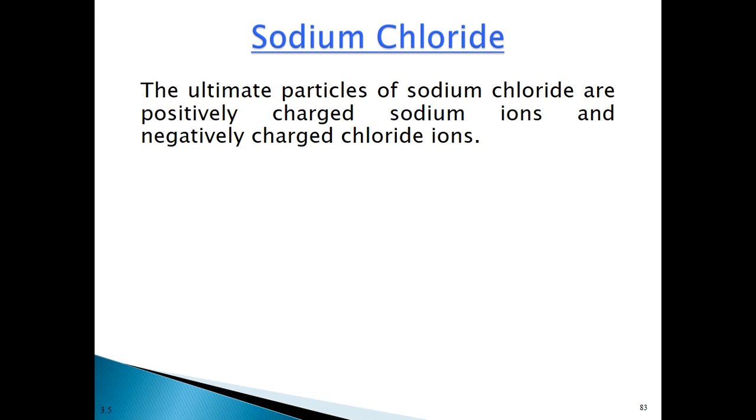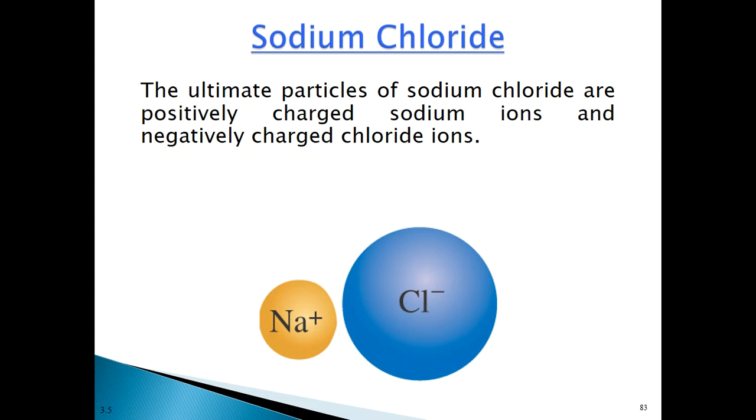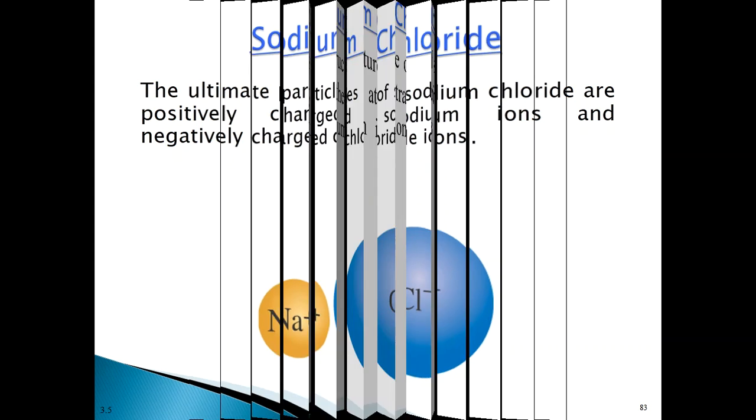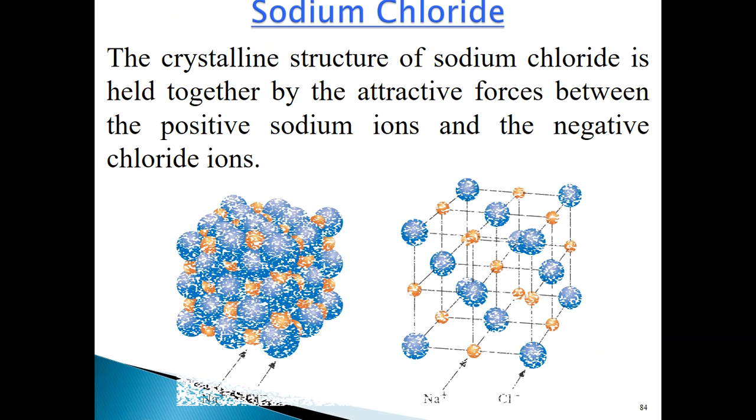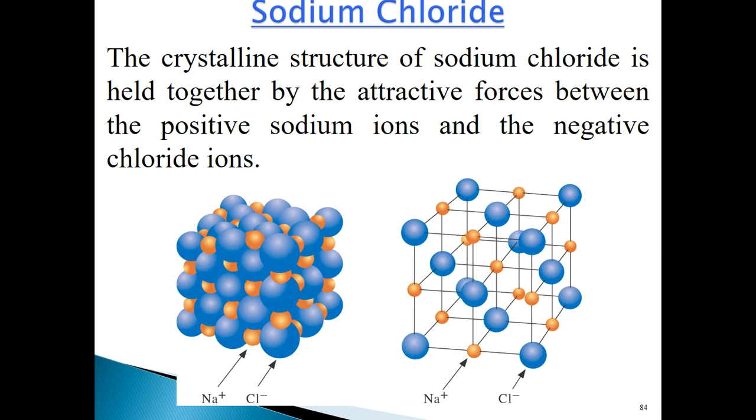Now, in terms of how the particles are arranged, basically, as I said before, there's an attractive force that exists between these ions. So sodium is positively charged, the chloride is negatively charged. You have the attractive force between them. But ultimately, what you're going to find is that they will arrange themselves in an arrangement which looks like what you see on the screen, right?